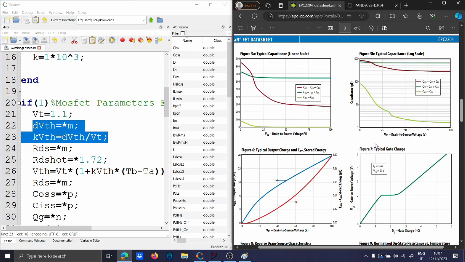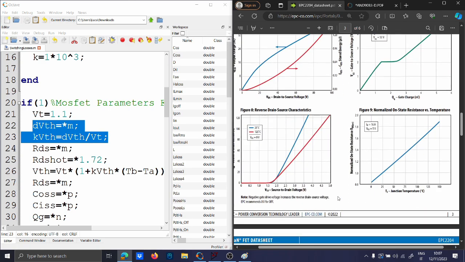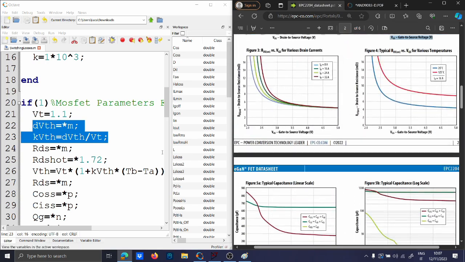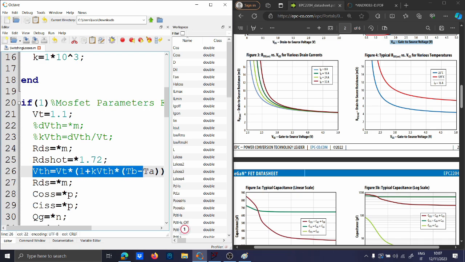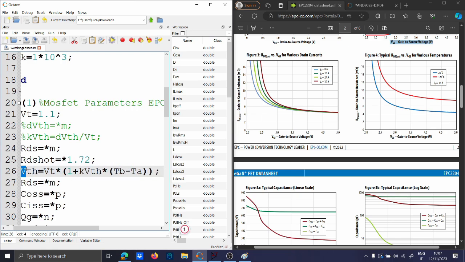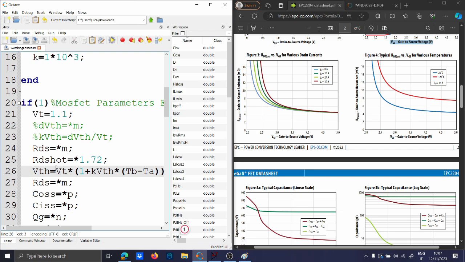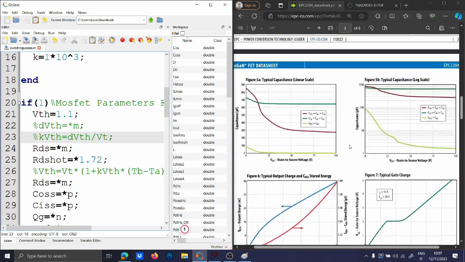Honestly, you can do that and have a more reliable result, but this time I will skip it. By the way, the equation is VTH equal to VTH times 1 plus a coefficient, but it is not so important. So let's just use this as VTH, and that's it.